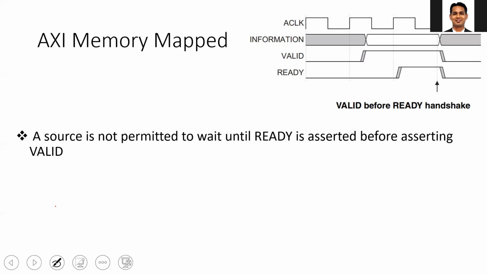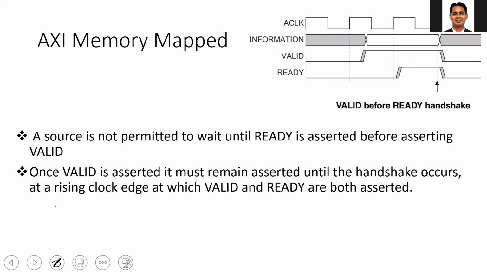This is because it may happen that the destination is waiting for the valid signal to become high before making ready equal to 1. So to avoid such a deadlock, the AXI protocol says that whenever the source has data to be transmitted, the source should put the data on the information bus, make valid high, and then wait for ready to become high.